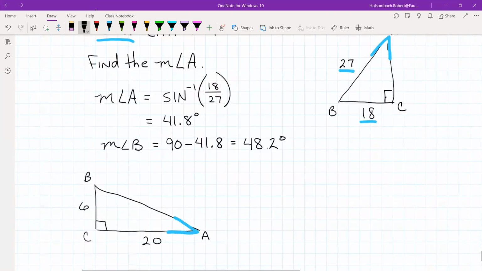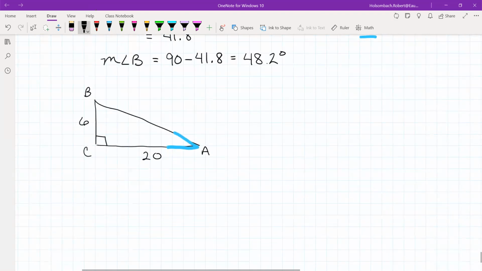Where's my acronym? All right. In relation to angle A, which sides are we working with? Good, that's opposite and adjacent.